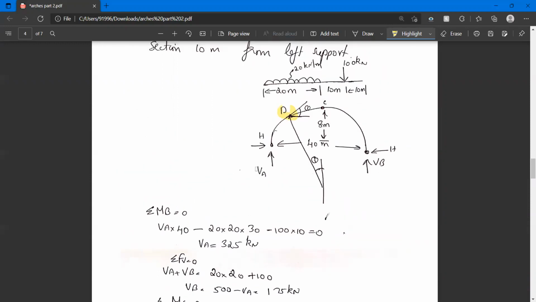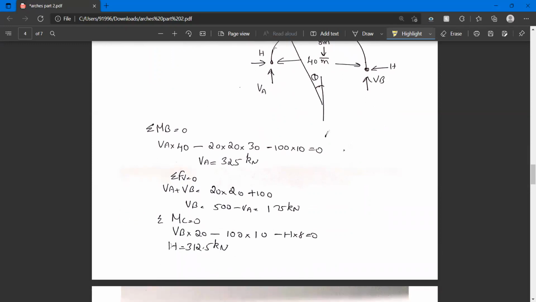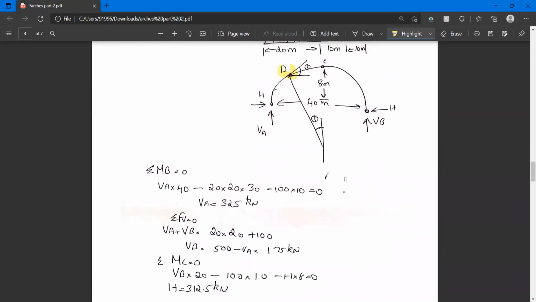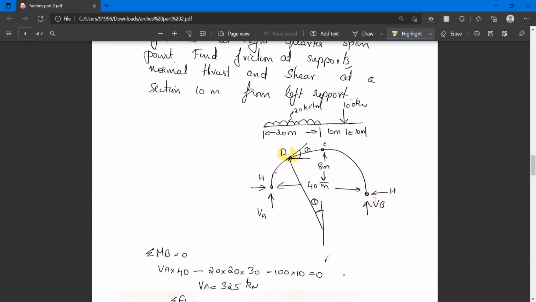Okay. Now to find the horizontal thrust H, you should take moment at point C. So sigma MC equal to 0. Let us take moment from B. Why? Because on the left side you have the UDL. If you take moment from the left towards C, then the moment of the UDL will also come, so calculations are a little more difficult than if you take moment from the right side.